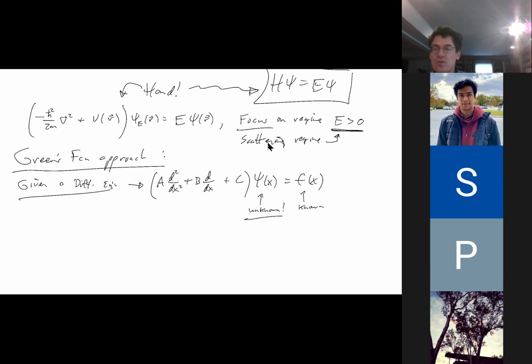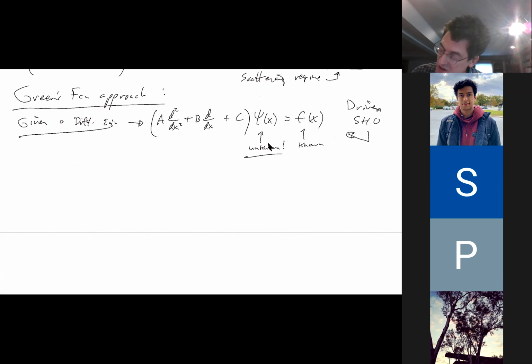Okay, and you've seen this before. This should remind you of the driven simple harmonic oscillator, for example. So suppose you have this very generic differential equation, then how do you solve it?